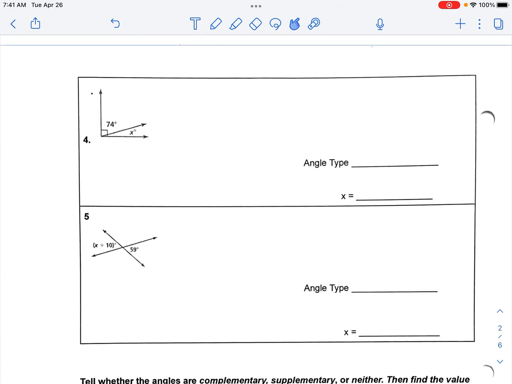Okay, so we're going to do the same thing. So these two angles clearly share a side. So again, those are going to be adjacent. And to find the value of X, right here, this is a 90-degree angle. So I'm going to say X plus 74 equals 90.